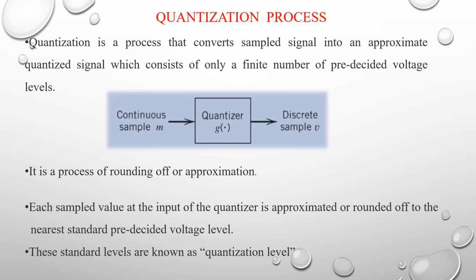So for example, the voltage level 1.74 is the quantizer voltage level, and the round-off value for 1.74 is 2. Let's consider one more example. The quantization voltage level is 1.34, and the round-off value is equal to 1 volt.